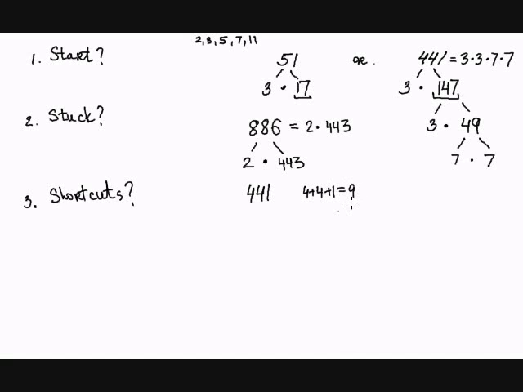This number is not only divisible by 3, it is also divisible by 9. So that means that 441 is also divisible by 9. So right away we could have gotten this factorization: 441 is equal to 9 times 49. And then we go from there. 9 is 3 times 3, and 49 is 7 times 7.